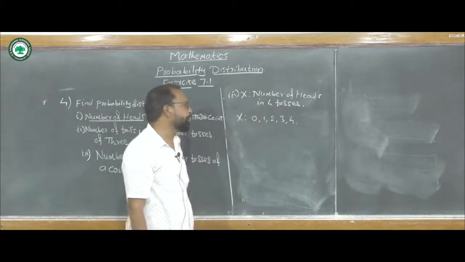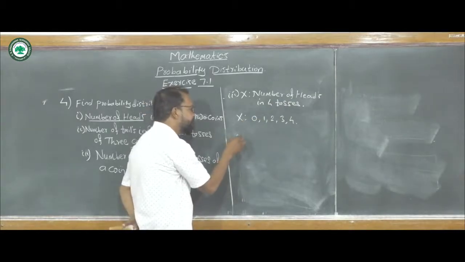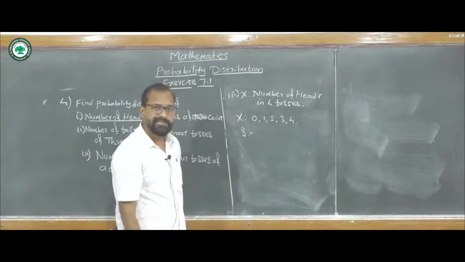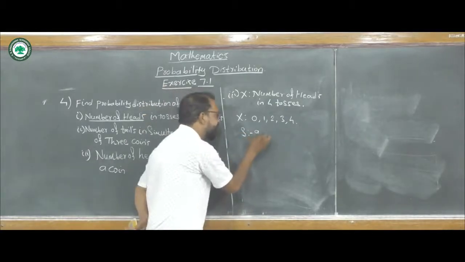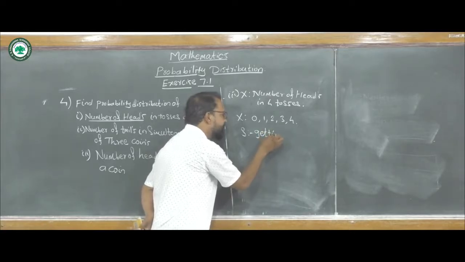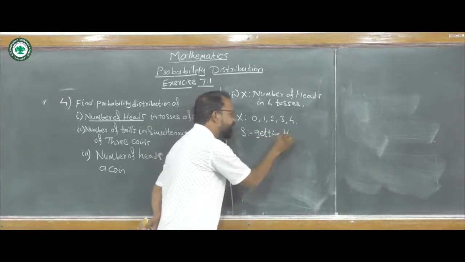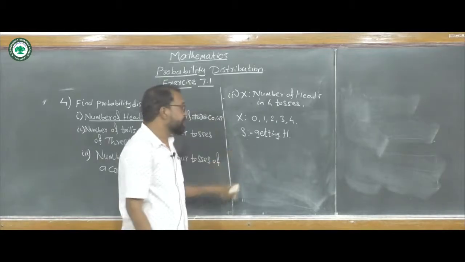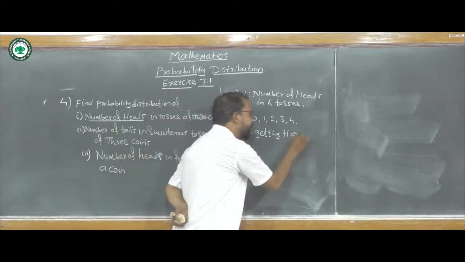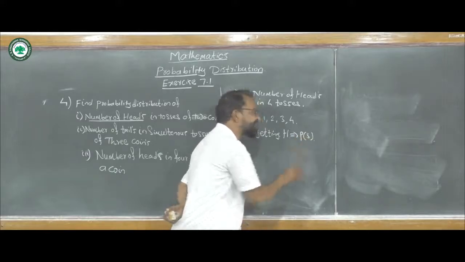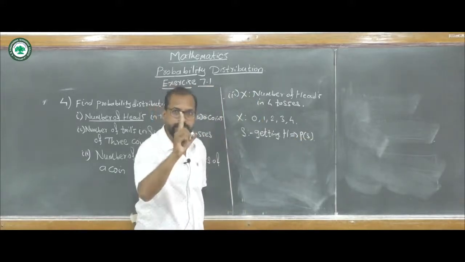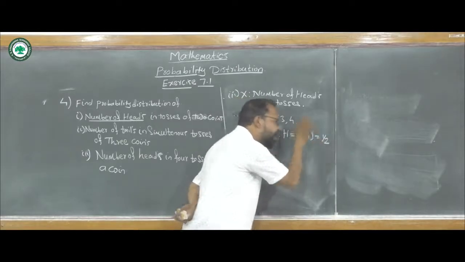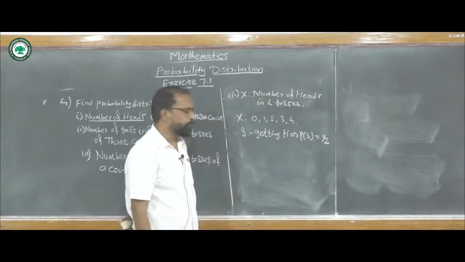Now to write the probability distribution, let S, that is success, be getting head. We define S as getting success, that is getting head. So the probability of getting success in one trial is 1/2.